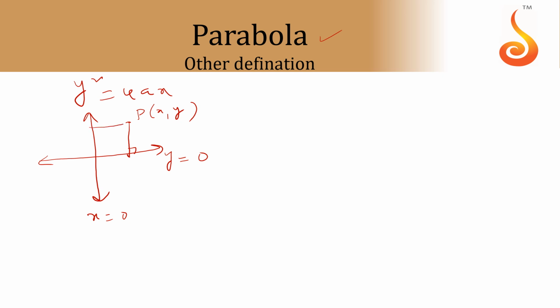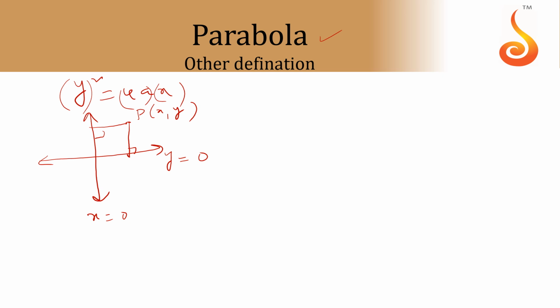Then the perpendicular distance to the axis will be the y coordinate of the point, and the perpendicular distance to the tangent at vertex will be the x coordinate of the point. So here y square equals latus rectum into x.